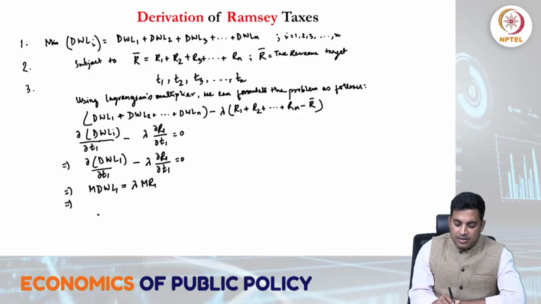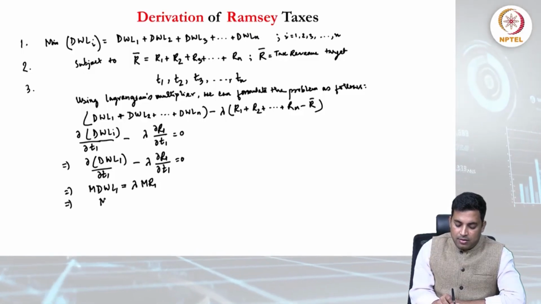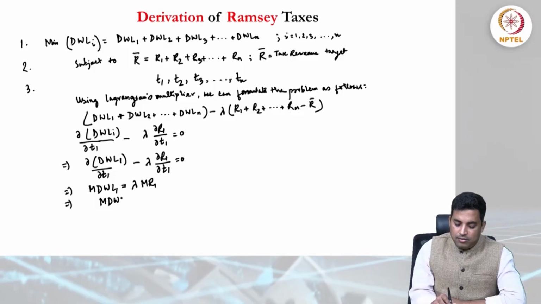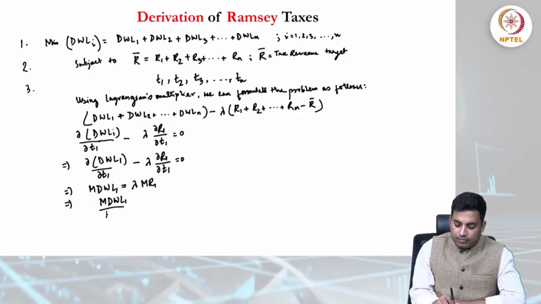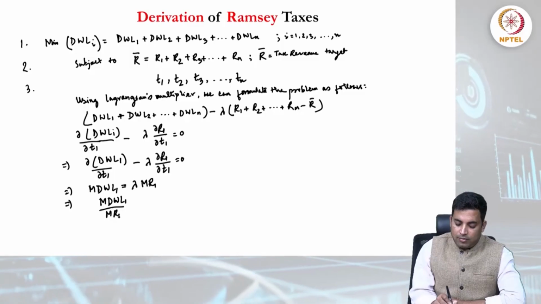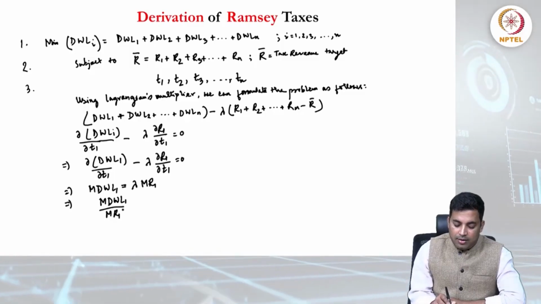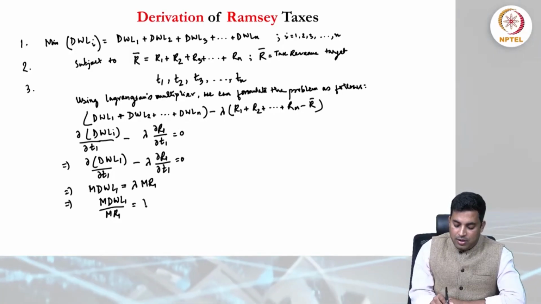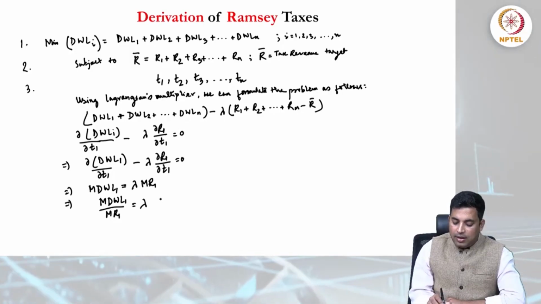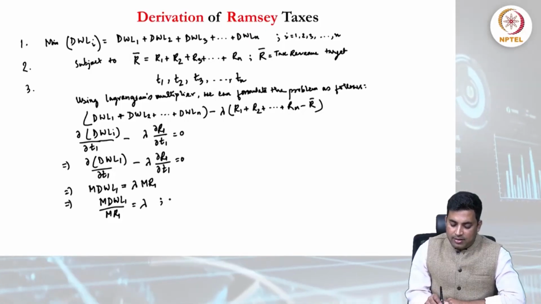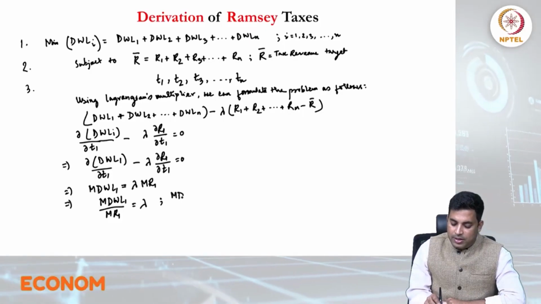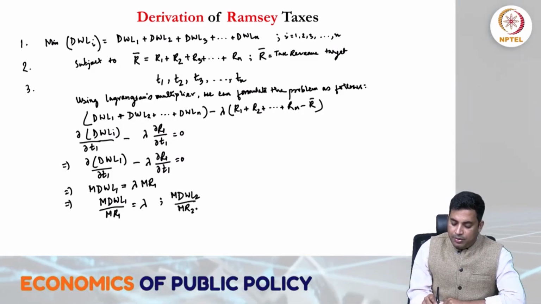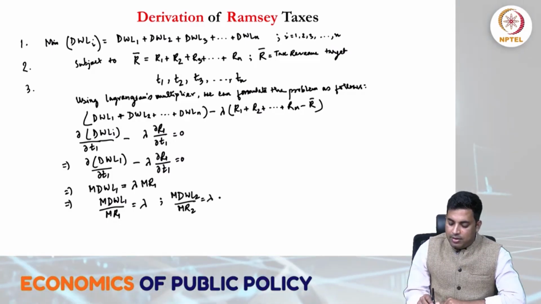Therefore, one can write this as MDWL1 divided by MR1 equals lambda, and likewise we get MDWL2 by MR2, which again equals lambda.